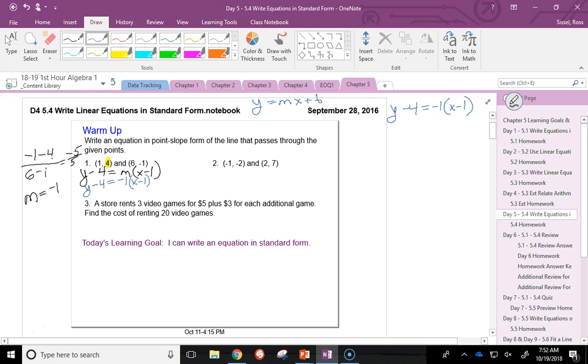All you have to do, and this is why these three forms all work with each other, is distribute this. This would be y minus 4 equals negative x plus 1. I then have to add 4 to each side. And I have y equals negative x plus 5. And then there's our slope-intercept form.